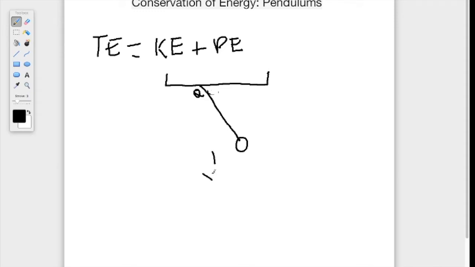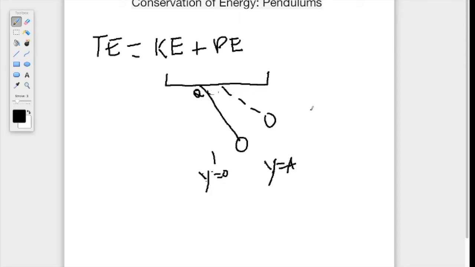This is where x equals 0, and then at a later part, that's when x equals A. Or if you like using y instead of x because it's vertical oscillations rather than horizontal oscillations, then go right ahead.